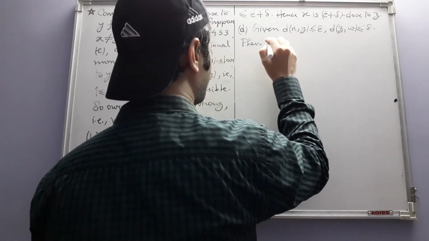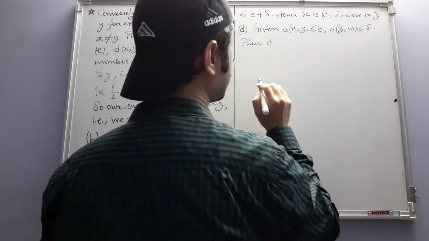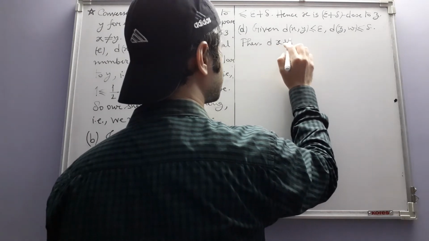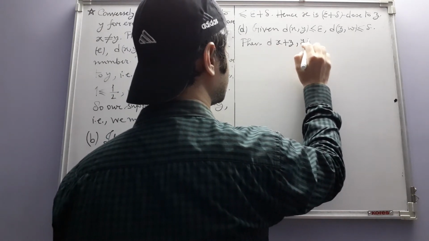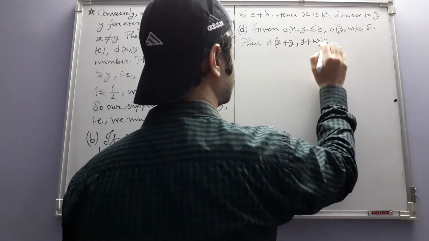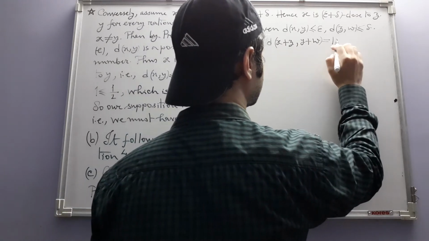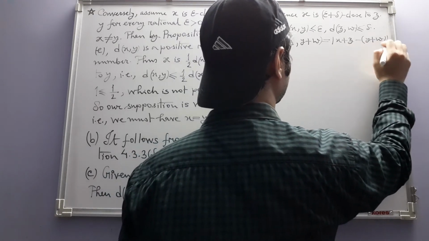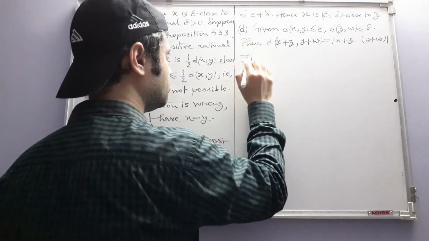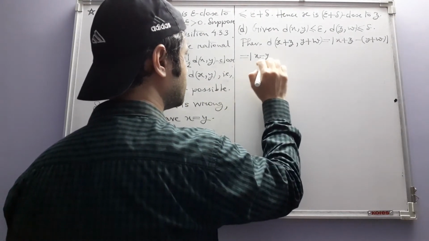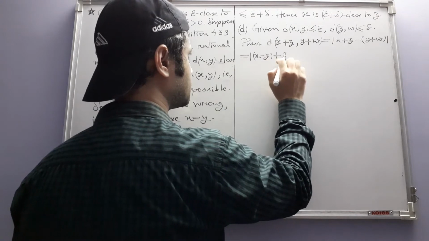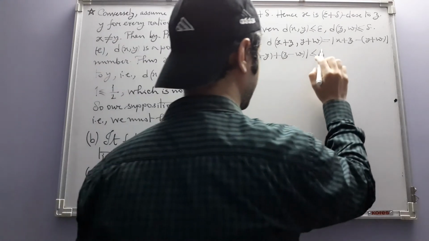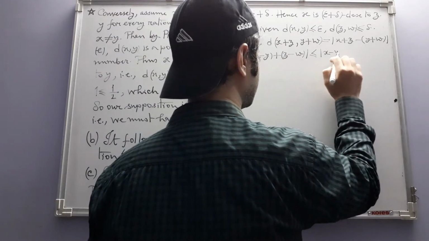So then, the distance between x plus z and y plus w. We apply the definition of distance. This is x plus z minus y plus w, which can be written like this: x minus y plus z minus w. Use triangle inequality for absolute value.